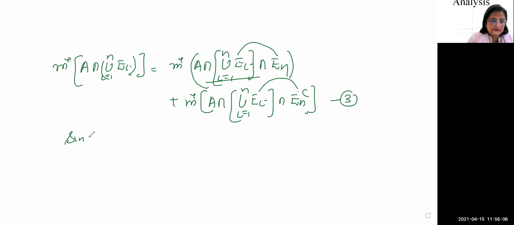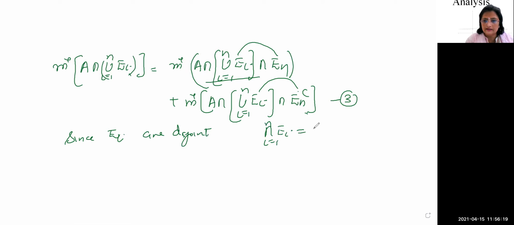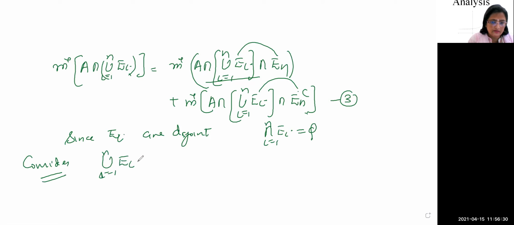Now since all Ei's are disjoint, it means the intersection of Ei's is empty. So now consider union i running from 1 to n Ei intersection En.